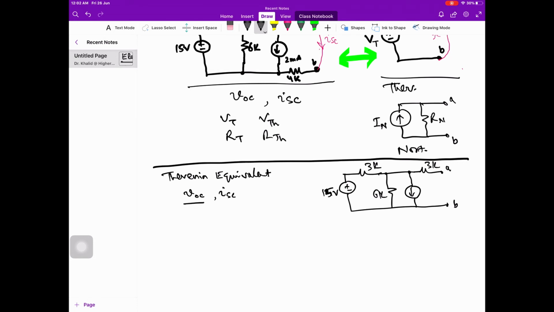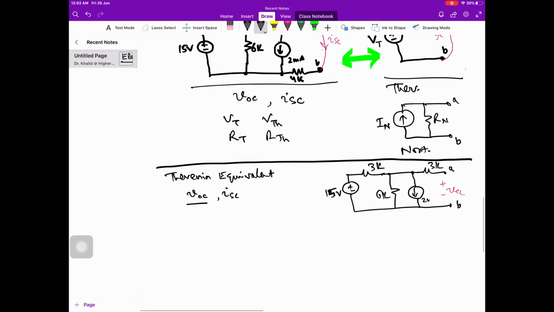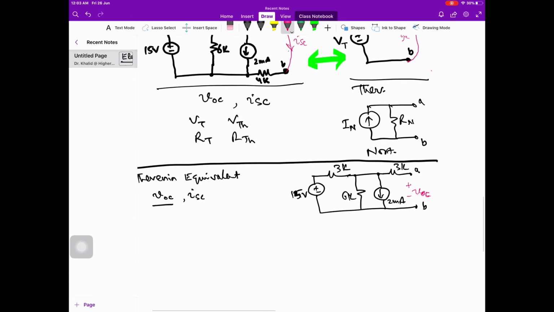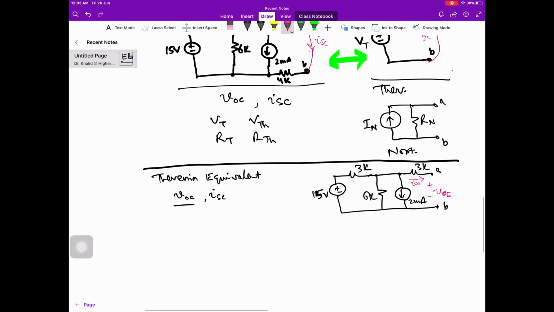This is V open circuit, meaning over here. As these two terminals A and B are open circuited, there is no current flowing through it. Therefore, the voltage drop over here is V open circuit.